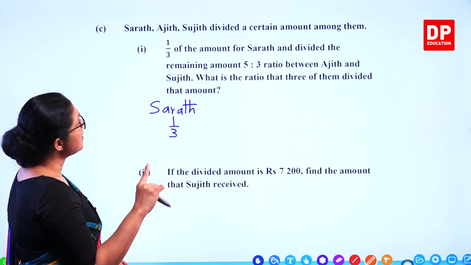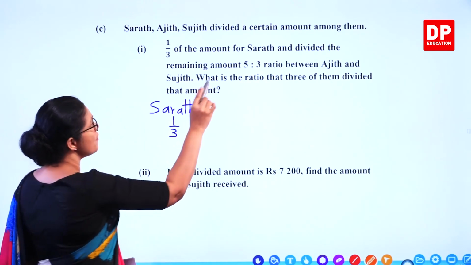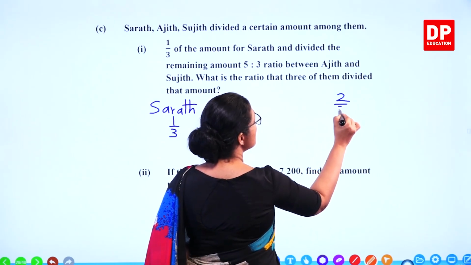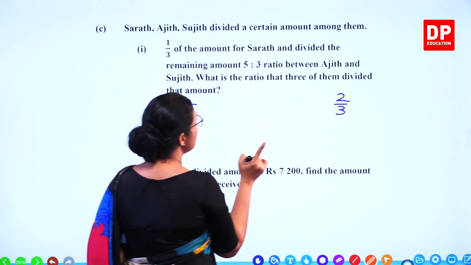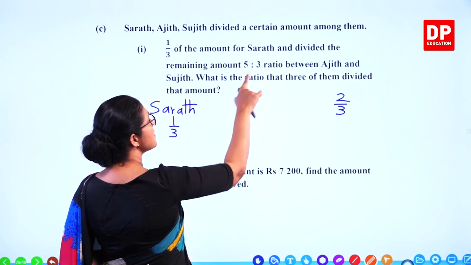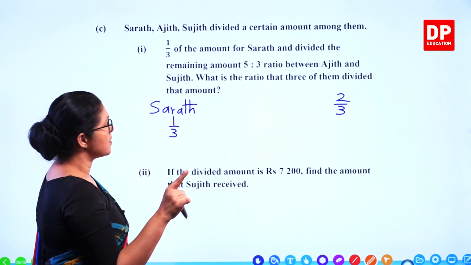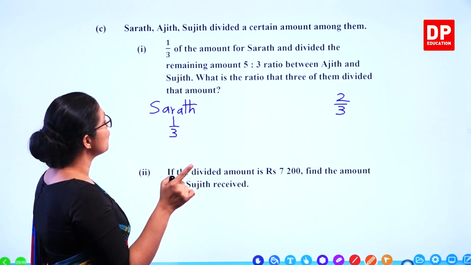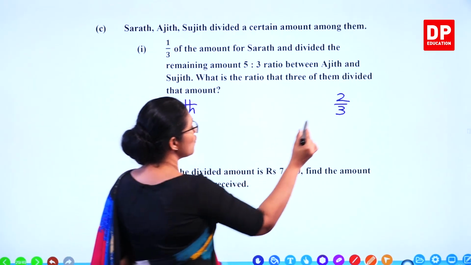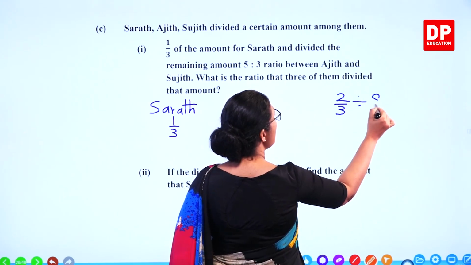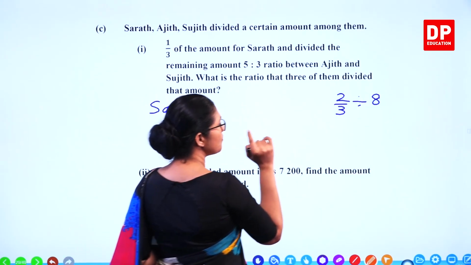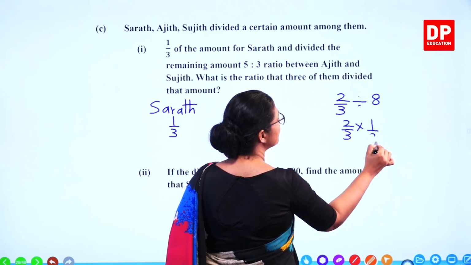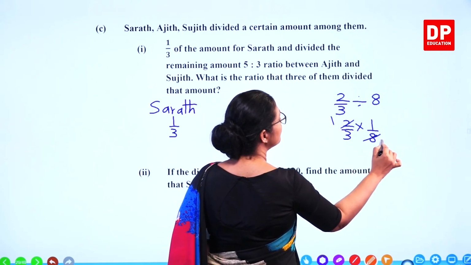So the remaining amount is divided into the ratio 5:3. So how many parts are there? 8 parts. Out of 8, 5 parts for Ajit, 3 parts for Sujit. So you divide by 8 parts.